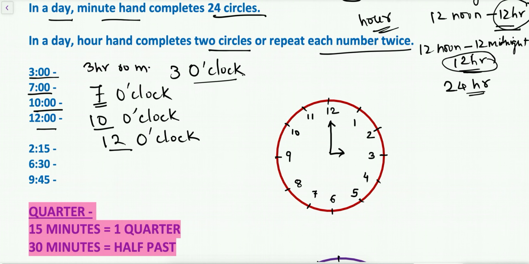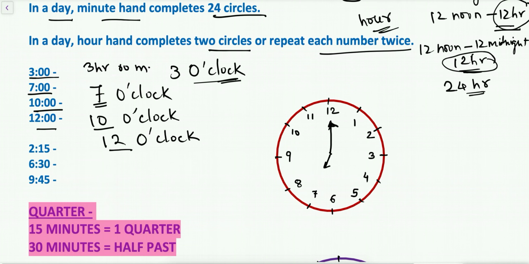When we have an o'clock, that means the minute hand will always be at 12. This is 3 o'clock, and for 7 o'clock the hour hand will be here at 7, and the minute hand again will be at 12.